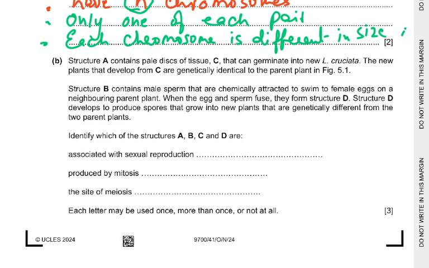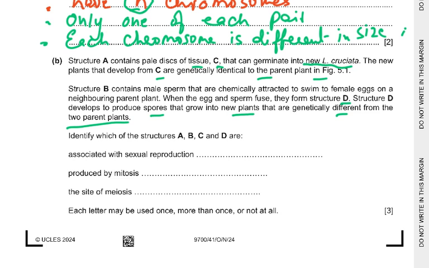Then coming to the B part of the question: structure A contains pale discs of tissue C that can germinate into new L. cruciata. The new plants that develop from C are genetically identical to the parent plant in figure 5.1. Structure B contains male sperm that are chemically attracted to swim to female eggs on a neighboring parent plant. When the egg and sperm fuse, they form structure D. Structure D develops to produce spores that grow into new plants that are genetically different from the two parent plants.